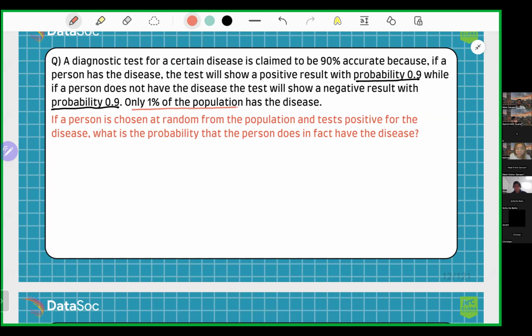Only 1% of the population has the disease. If a person is chosen at random from a population and tests positive for the disease, what is the probability that the person does in fact have the disease?